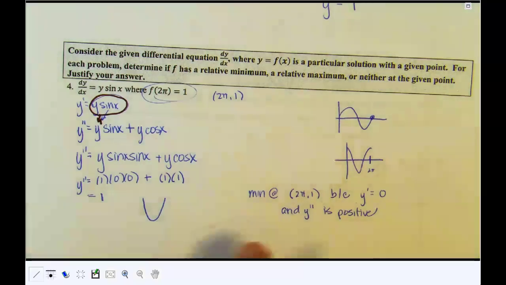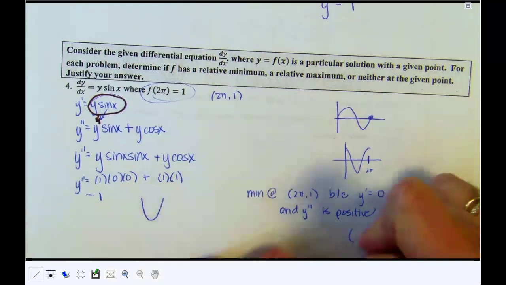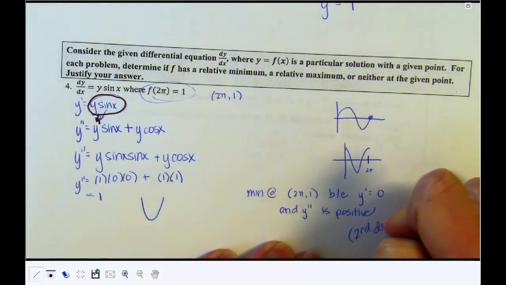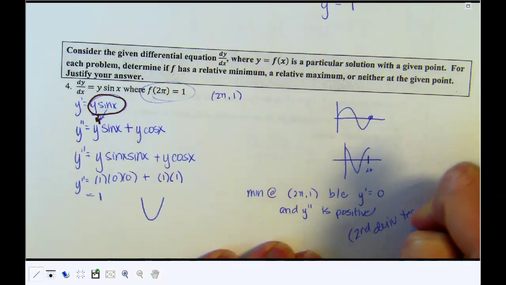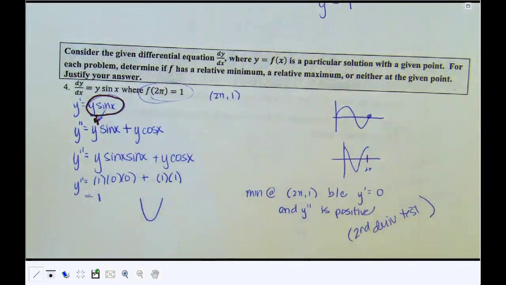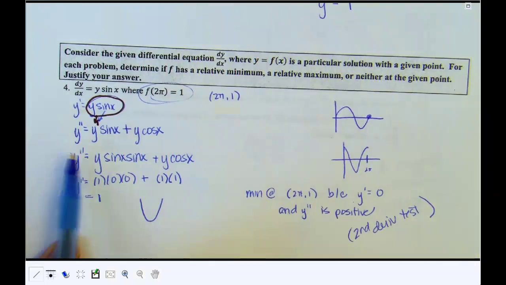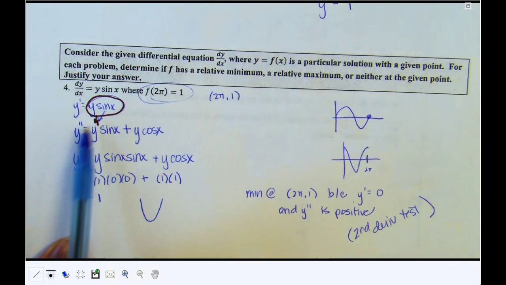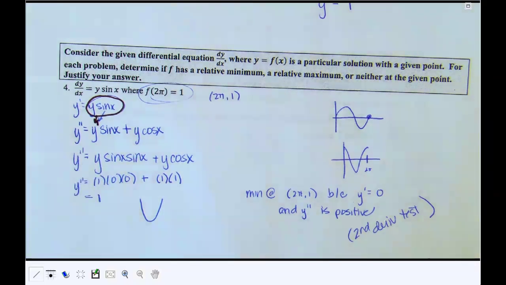That's something, you guys, that's called the second derivative test. It should be in your notes from this semester. So even though we're not given the second derivative, we can still use it because you created it and it comes directly from that. It's more a matter of you can't use it if it's a graph.